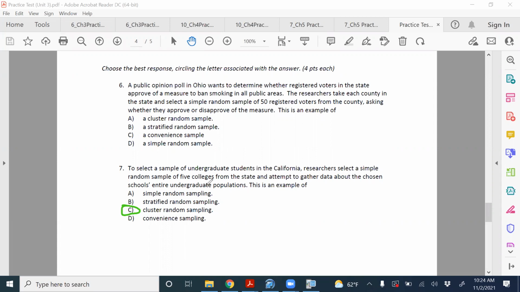Maybe 1 religious type school like Santa Clara or USD, and maybe another UC or another Cal State. So that would be a cluster where you're trying to do a scaled down version of the whole population. It might not be feasible to survey all those colleges, because then you have to survey all the students too, right? So that would be an example of that.